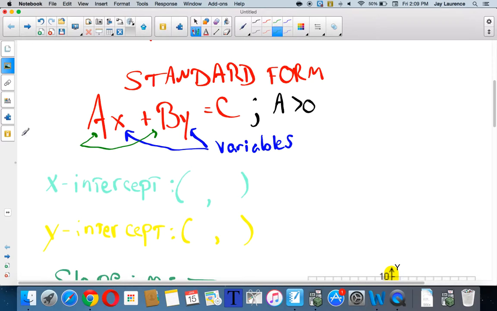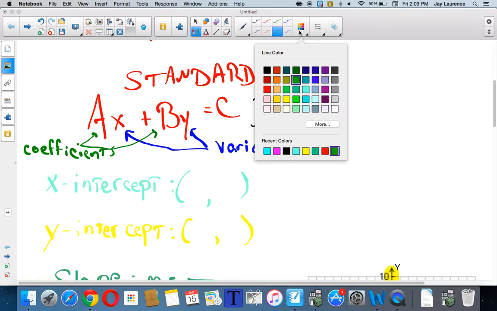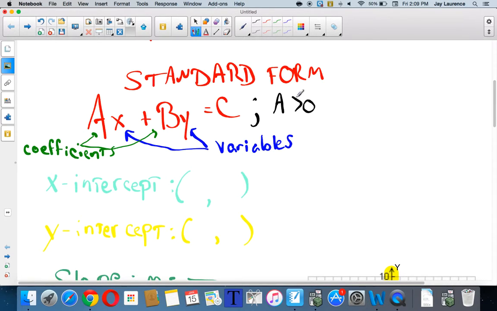A and b are the, what's that? I'll bet Michael Burchard knows, the coefficients. Coefficients. All right. And then c, since it doesn't have a variable next to it, c is what we call a constant. It's just going to be a plain old number. C is the constant.